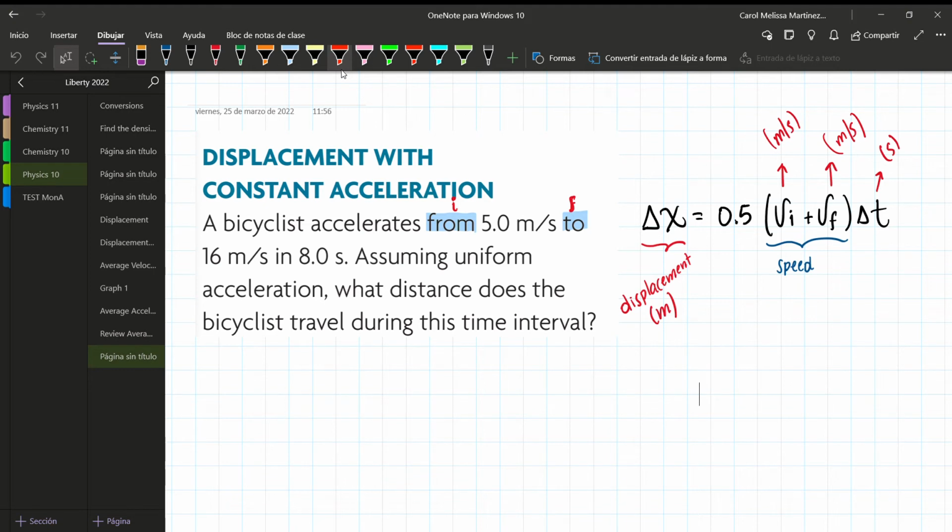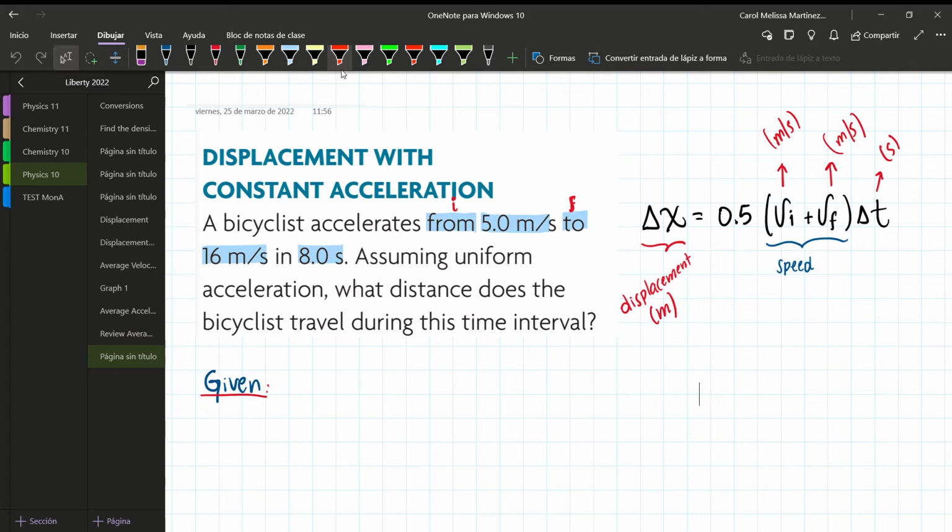So it says that a bicyclist accelerates from 5 meters per second to 16 meters per second in 8 seconds. So what is the information that the problem is giving me? Let's write the givens. It says from 5 meters per second. What is that? That's velocity.